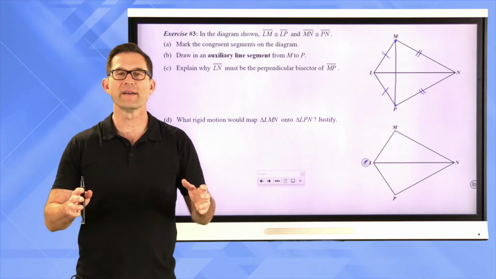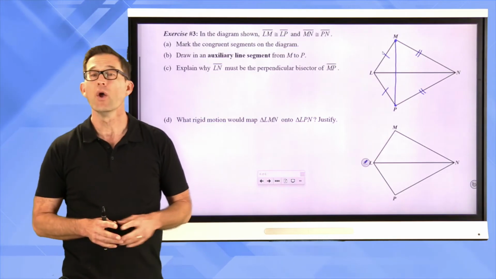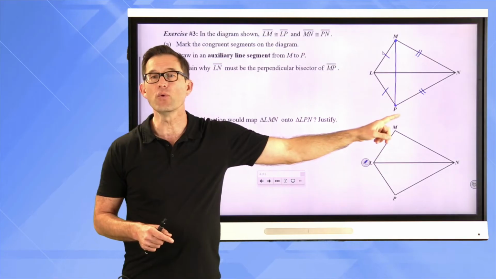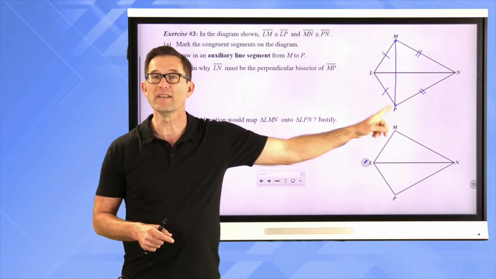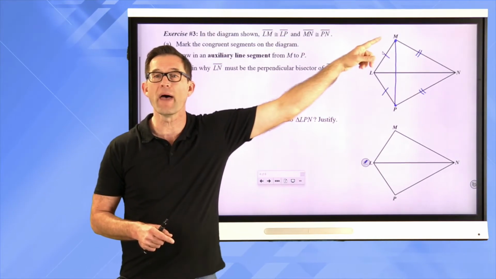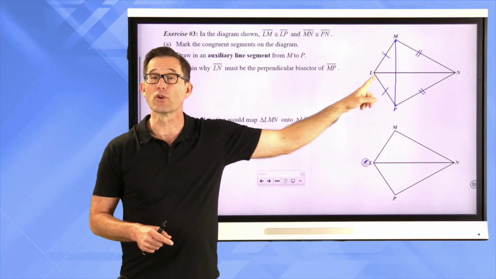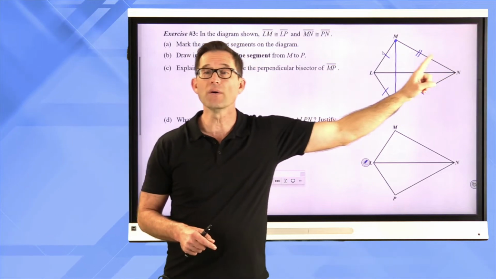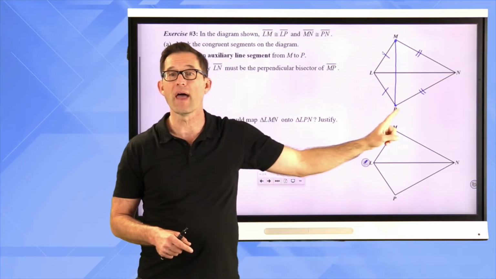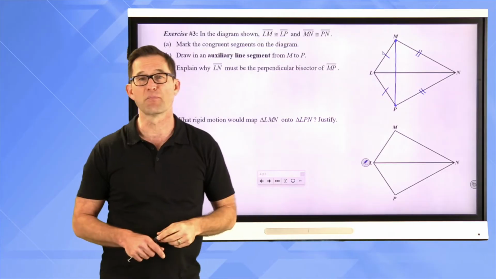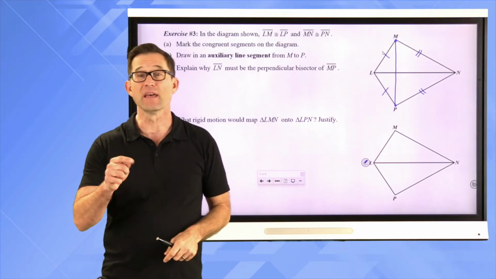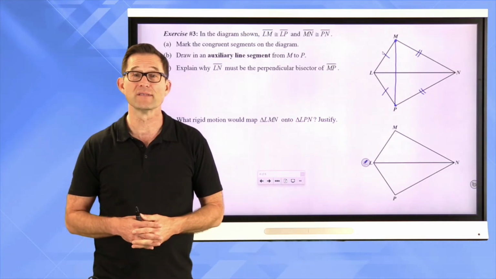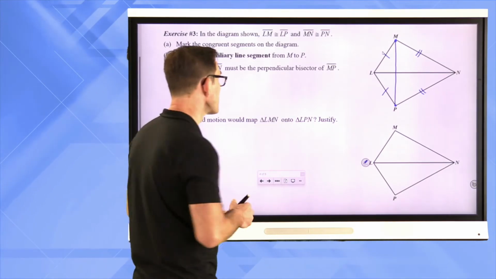Well, this relies on something we saw a few lessons ago: if a point like L is equidistant from the two endpoints of a segment, the same distance from P as from M, then it must lie on the perpendicular bisector of that segment. Likewise, N is also equidistant from M and P, so it must lie on the perpendicular bisector. And because they both lie on the perpendicular bisector, the line that connects those two points must be the perpendicular bisector.